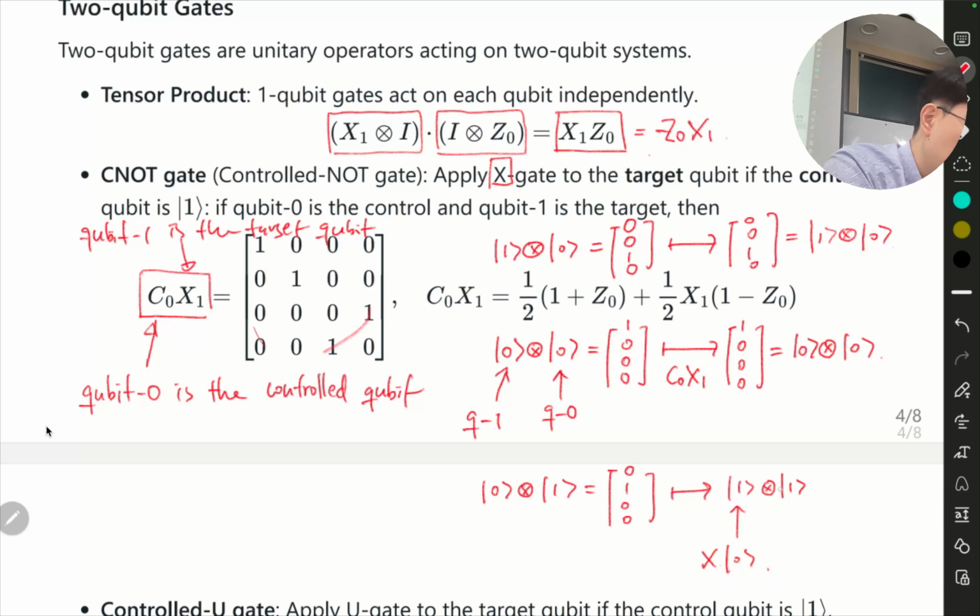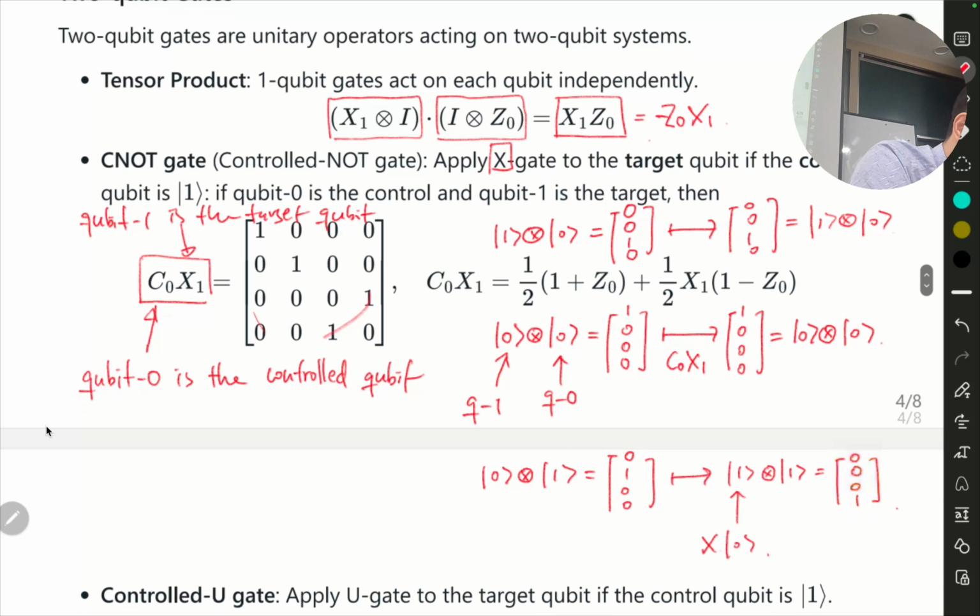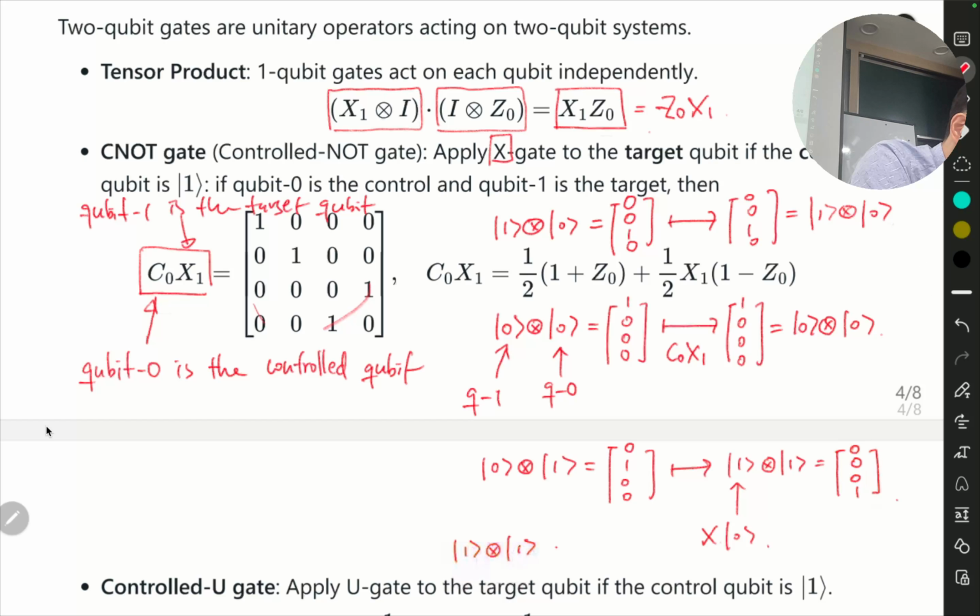So that's the same as 0, 0, 0, 1. Right? So how about 1, 1? So this is 0, 0, 0, 1, and this goes to 0 tensor 1, which is the same as 0, 1, 0, 0.